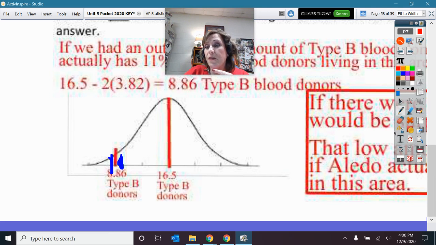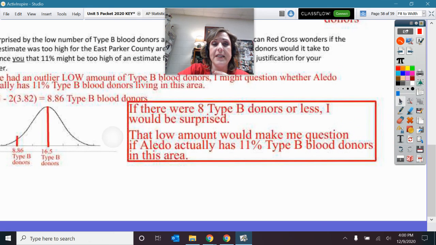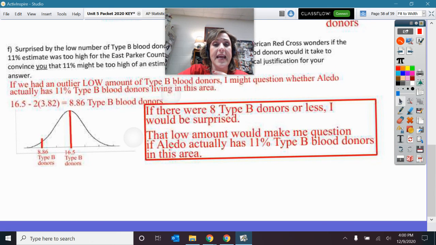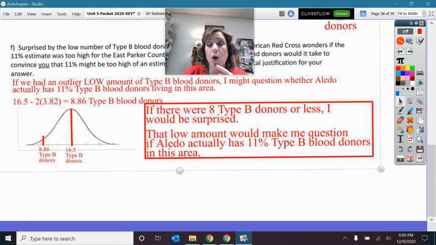So that's where we would consider it strange. If I had 8 type B donors or fewer, I would be surprised and I would think, whoa, I'm not so sure that we actually have 11% type B donors in this area.